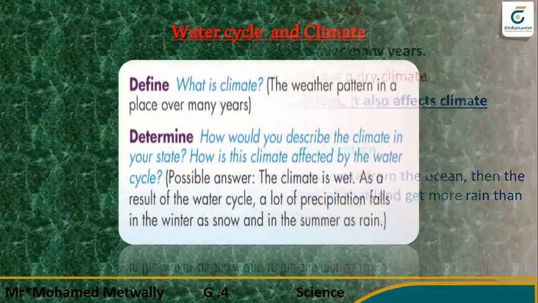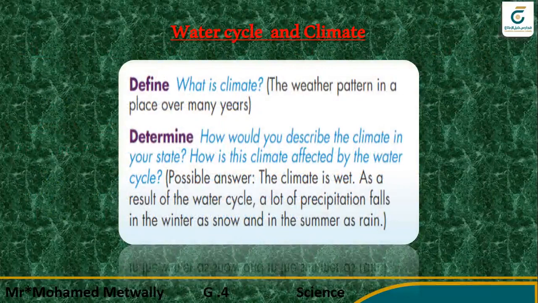Turning to the last part of our today's lesson, especially the water cycle and its relationship with climate, we have two questions in the form of define and determine. Let's get started with the first question, which asks what is the climate. We defined the climate previously. The climate is the weather pattern in a place over many years, not in one day or one week or one month.